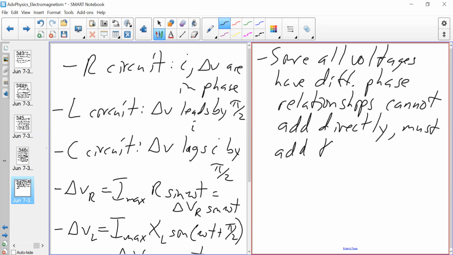Must add them vectorially. And let me make a correction there. They're not all vectors. It's just that they have different phases, so we can't just add them together. They're out of phase, they're different phase shifts. So in order to get the phase shift for this entire circuit, we have to add all of the phases vectorially.